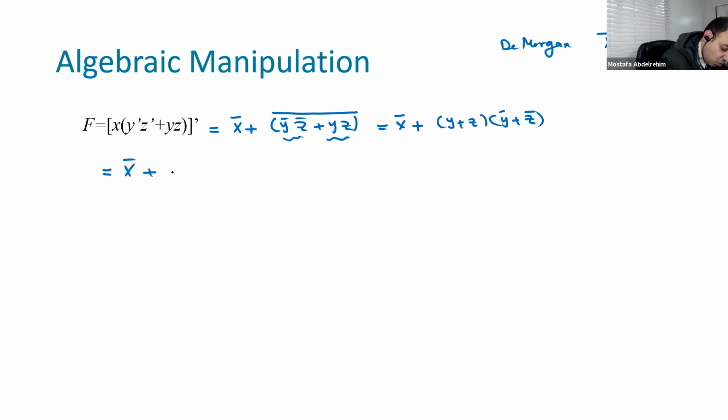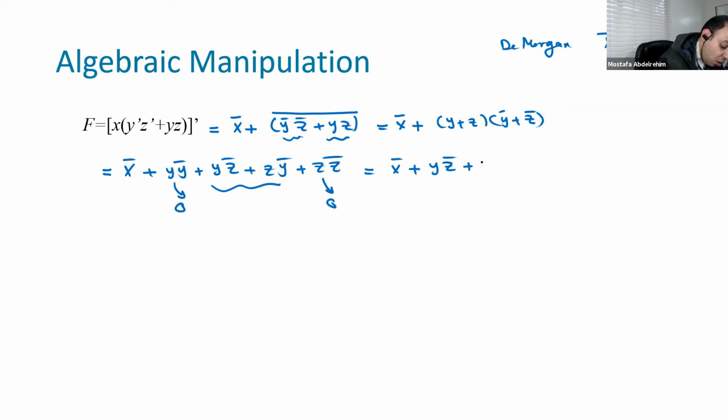So this will give us y y bar or y z bar, then z y bar or z z bar. This is equal to 0. Y and y bar is equal to 0. Similarly, z and z bar is equal to 0. So this will give you x bar, and we can do much simplification on this. So this will be y z bar or z y bar. Okay.